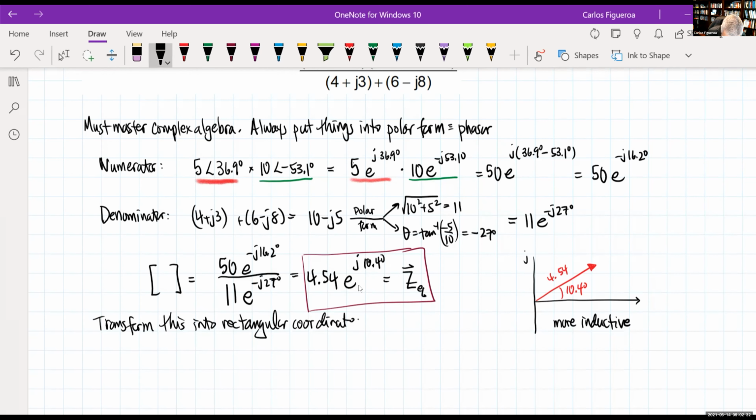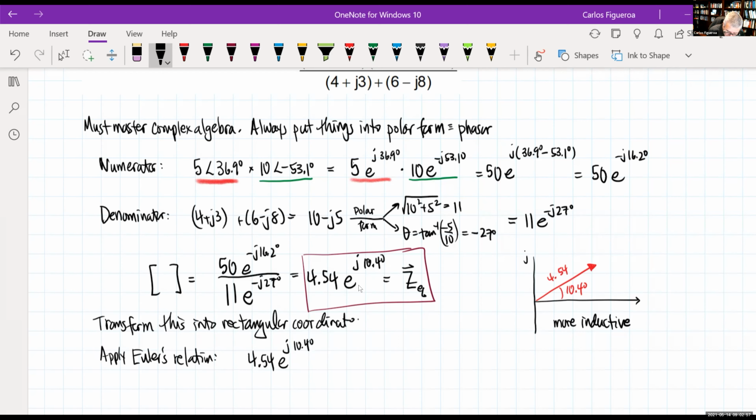The way I do this is I apply Euler's relationship. So I can write this as 4.54 e to the j 10.4 degrees.